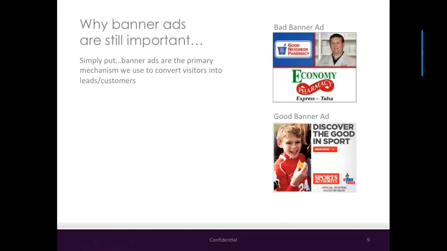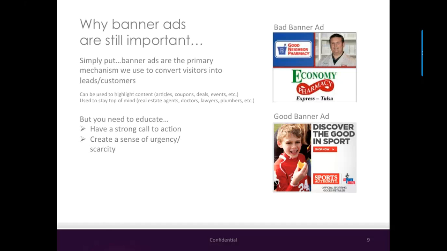That being said, there's differences between a good ad and a bad ad. A good ad has a clear message, is highly readable, and has a clear call to action. So you can use it for a number of things, but you really want to use it tied to some level of call to action that says, hey, do this, take action, and reinforces the brand value along the way.